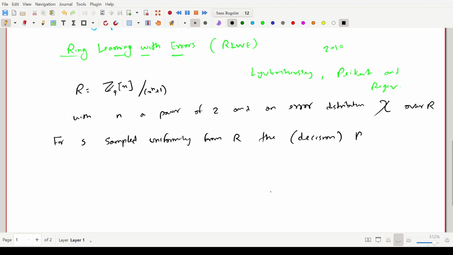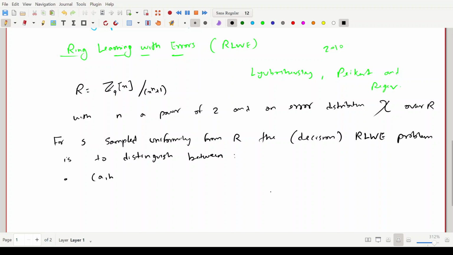Decision RLWE is to distinguish between these two distributions.